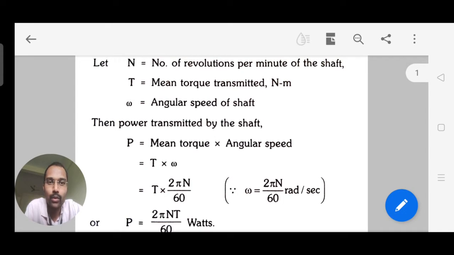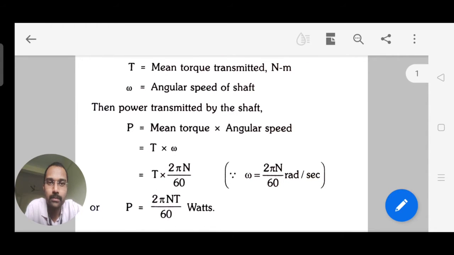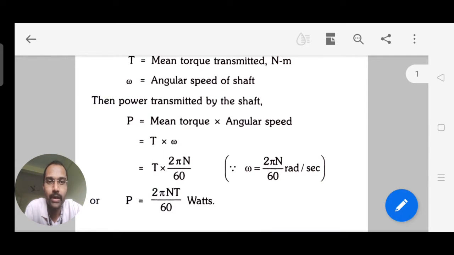Substituting omega as 2 pi N by 60 and multiplying with the mean torque T, finally we can write the formula for power transmitted by the shaft: P is equal to 2 pi N T by 60. The units in this case are watts, or Newton meter per second, you can write it like that.